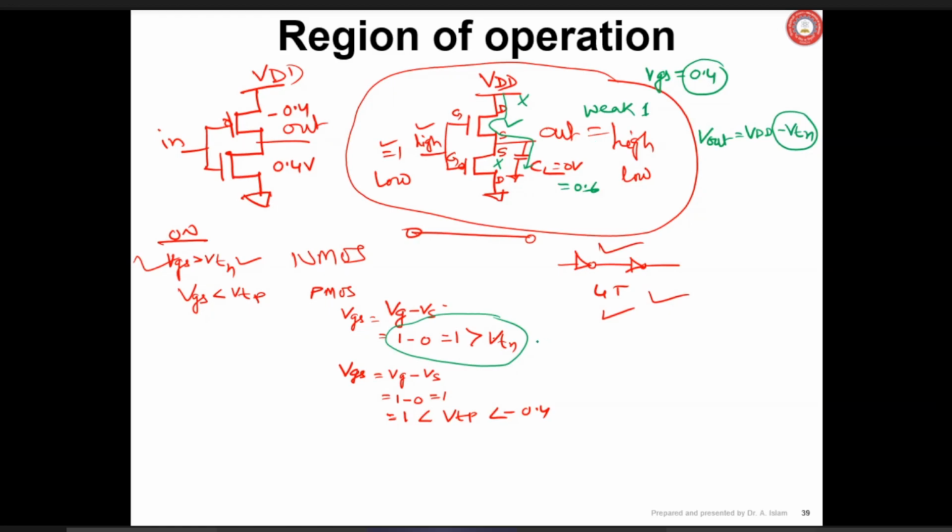Now, from NMOS point of view, you understood that in this case, when the MOSFET is driving some capacitor or some internal node, meaning it is having capacitance, then that node cannot be charged up to VDD, but less than VDD. VTN drop will be occurring.